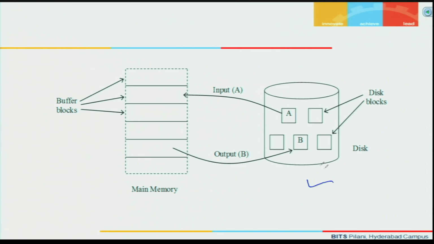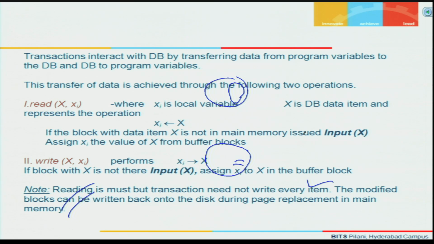This is the hard disk and this is the buffer space, main memory. Input A means that the block on the hard disk which contains the data item A is brought onto the buffer space. Then output B: once the manipulation is done, the buffer block which contains the data item B is written back onto the disk. These are the basic operations performed.